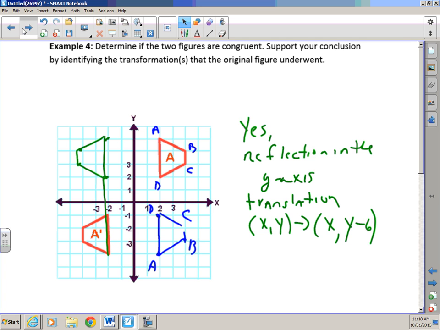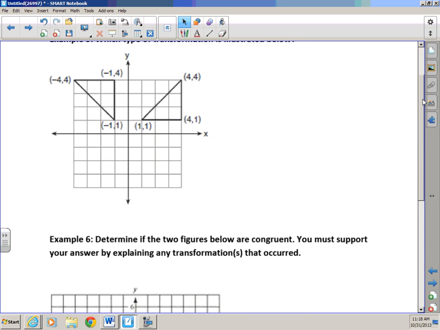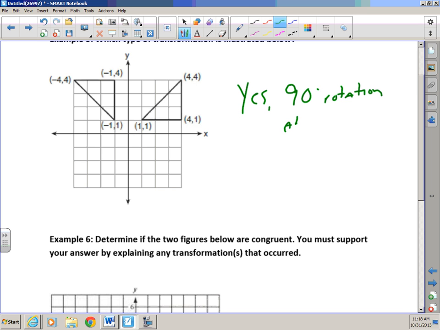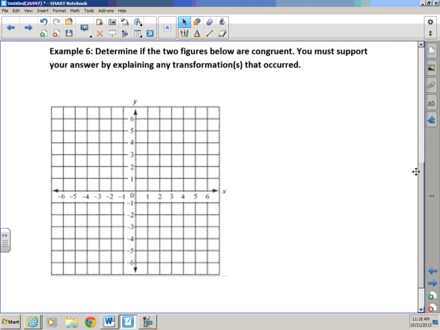Let's look at the final 2 questions. Hopefully you'll see that, yes, it's a 90-degree rotation about the origin. Okay? And then, now you have it drawn on your paper, but I'm going to draw it here.